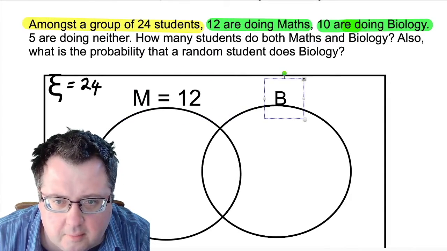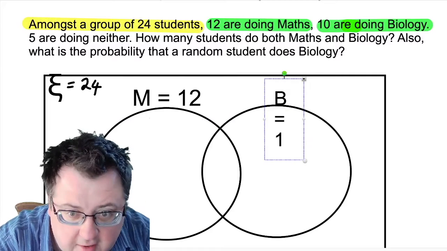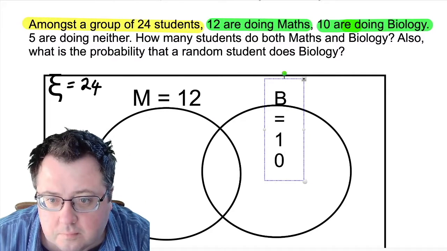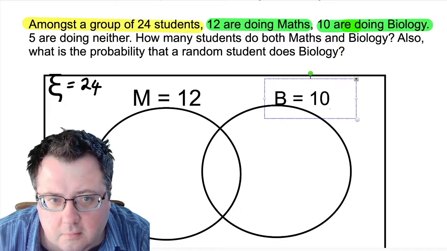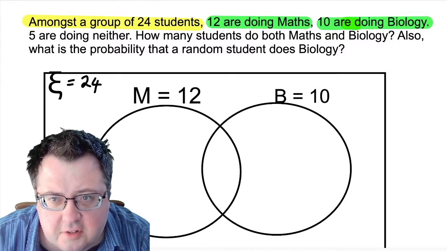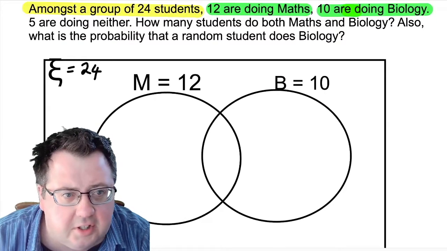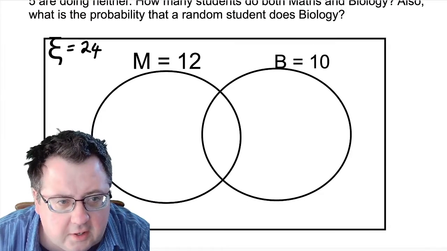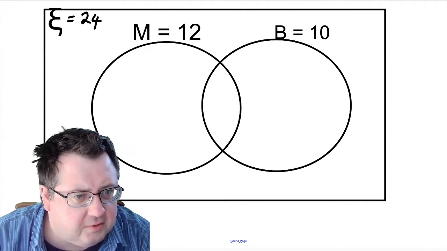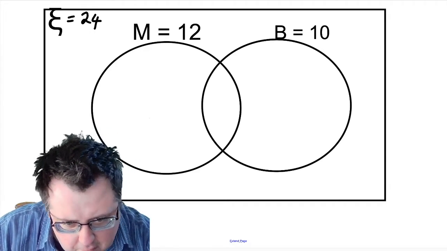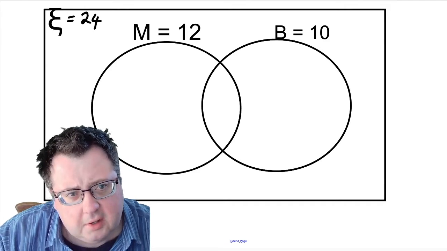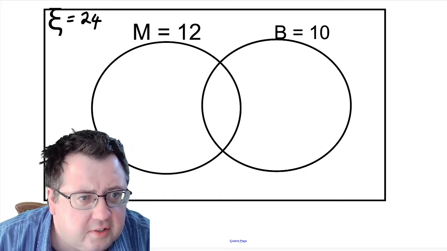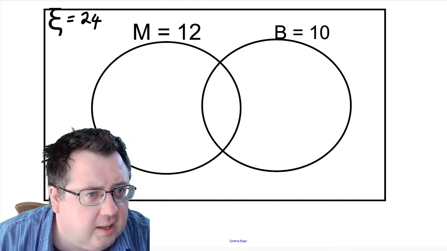And B for biology, that equals 10. How many students do both maths and biology? Also, what is the probability that a random student does biology? So, there are two ways of doing this. I'm going to show you the numbers way first, and then I'll show you the algebra way.